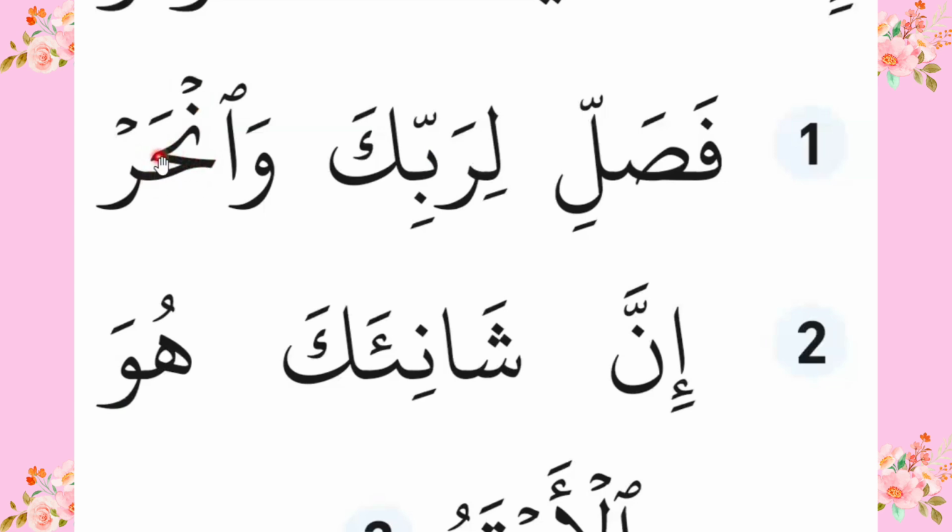Therefore, if you know the Arabic alphabet really well, you know that this is a ha. So, ha with a fatha. Wanhar. Wanhar. Remember, don't say the other ha. That one is a different letter. That one is soft. Remember, in Arabic, we have soft letters and we have heavy letters. This one is soft. That one is heavy.